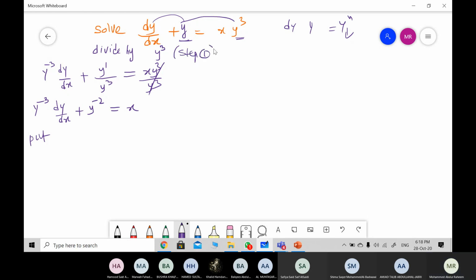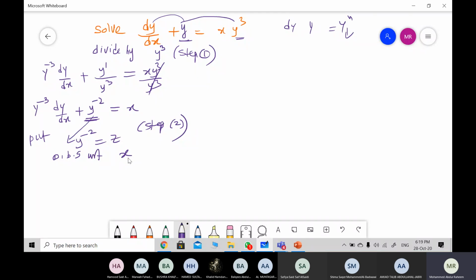That is step 1. Step 2: put the y to the power minus 2 term in the second term as z, and differentiate both sides with respect to x. You can ask one question: why x?